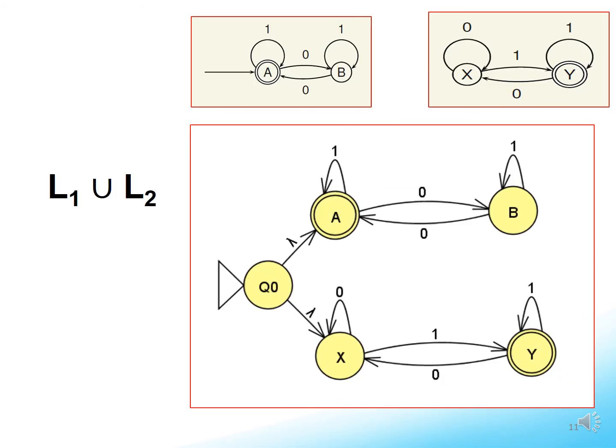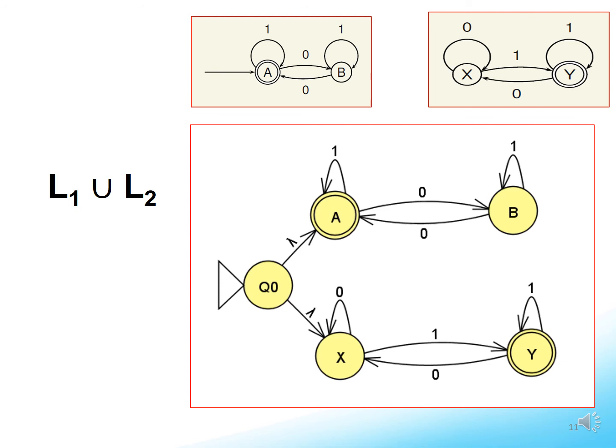Now we look at the union operation. We can construct a new initial state, and the new initial state performs a lambda move to the initial state of the first machine and the initial state of the second machine.